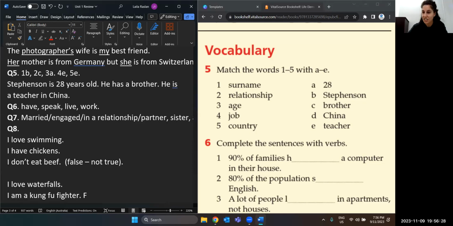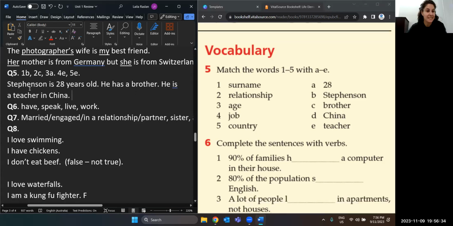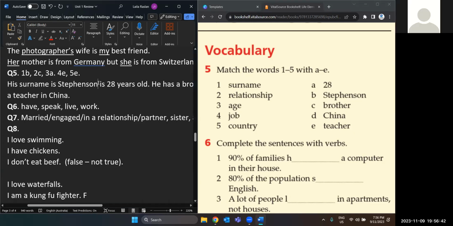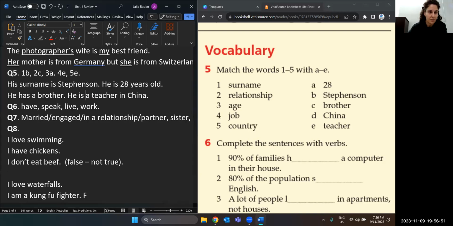Good sentence. Connected. His surname is Stevenson. We could go for his surname is Stevenson. And I can make, he is 28 years old. He has a brother. He is a teacher in China. Yeah. So we can make sentences out of that.